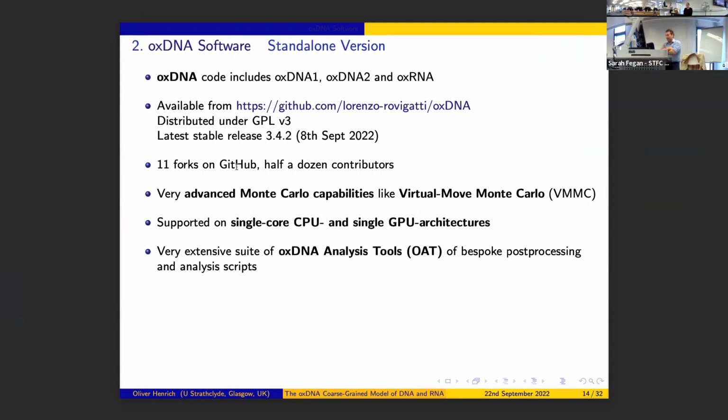But one of the real highlights, and this is what we decided during the first oxDNA workshop that we had a few years ago, is the Monte Carlo capabilities of the standalone code. The key problem with this kind of model is that through the force field, the entities are what you could call strongly interacting.